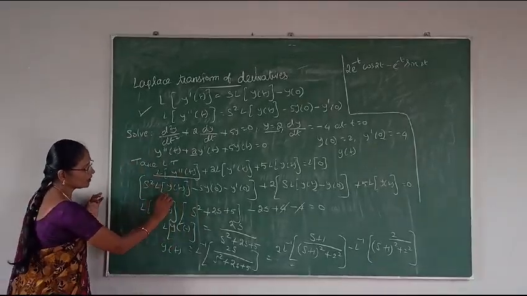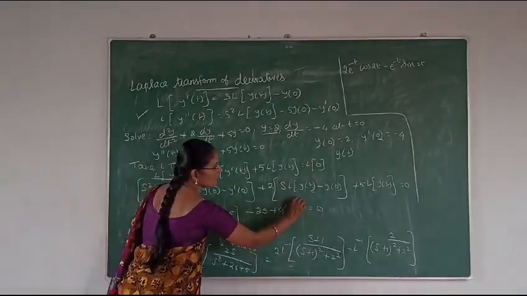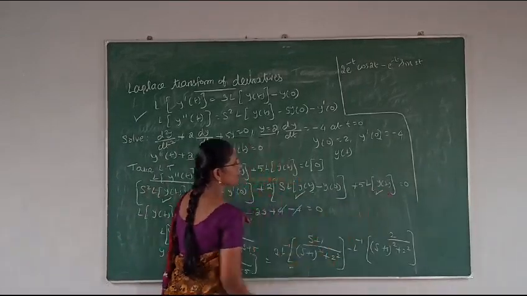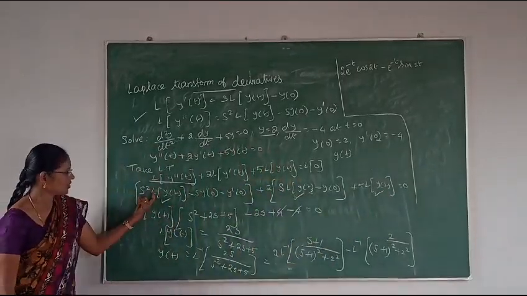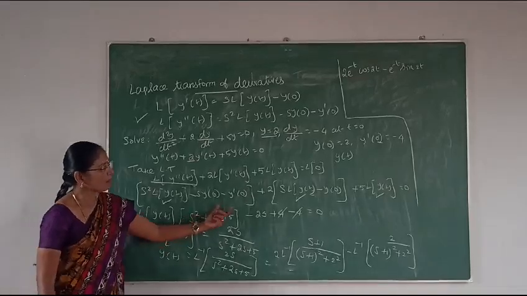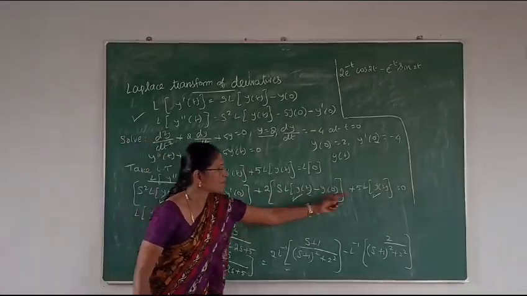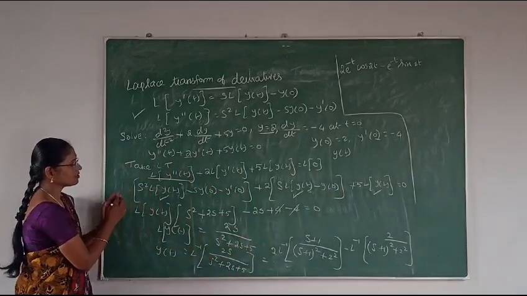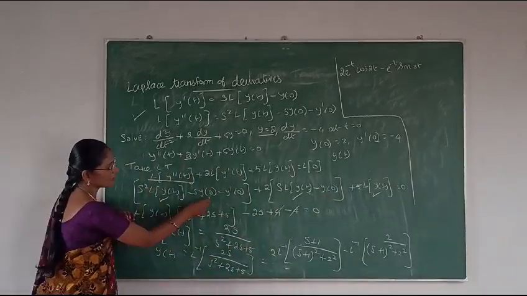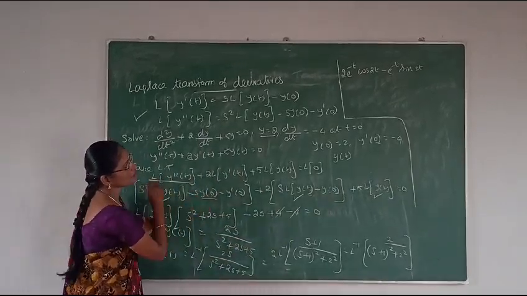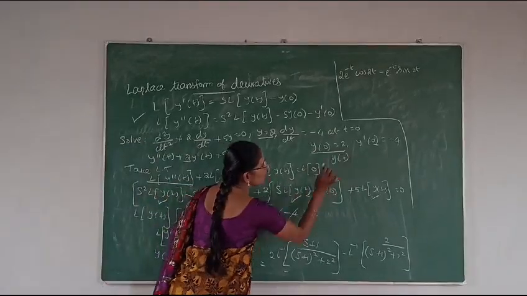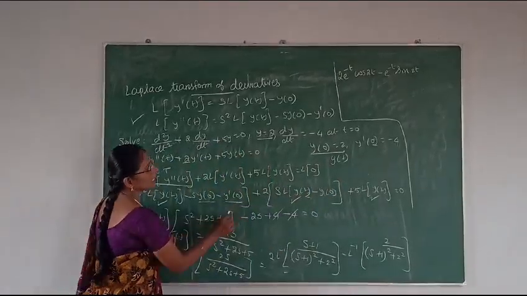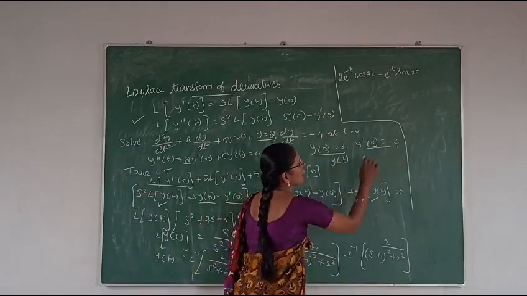Now combine all the terms which consist of L of y of t. So we have 3 terms. The coefficient is s square plus 2s plus 5. We'll group that, then apply the boundary conditions. We have y of 0 equal to 2, y dash of 0 equal to minus 4.